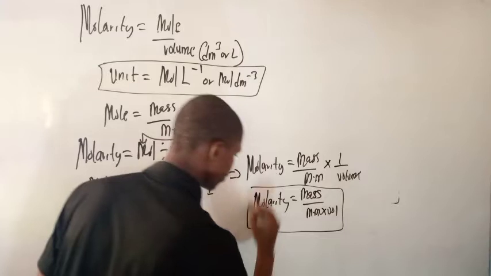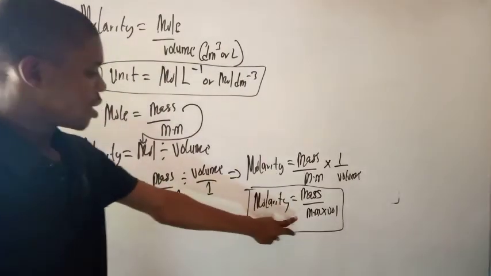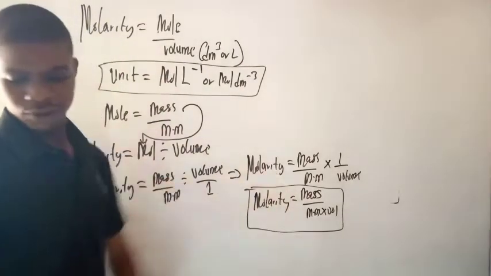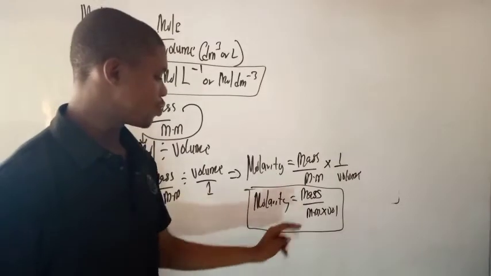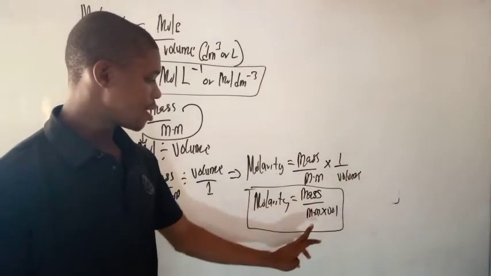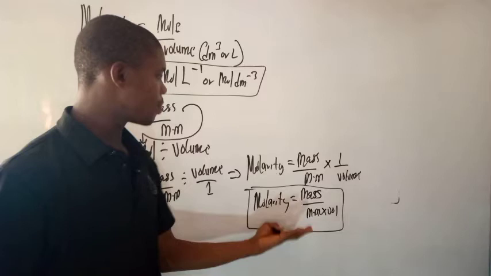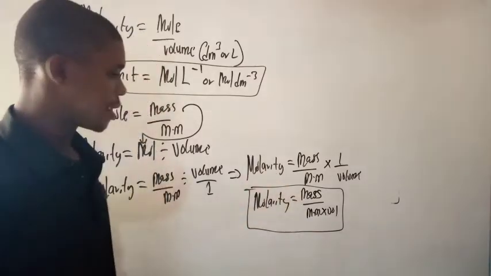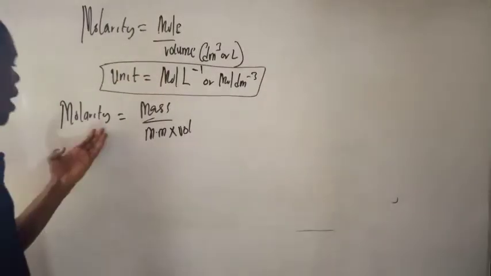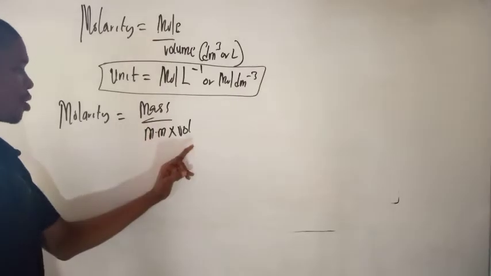This is another formula you can use in calculating molarity. If the question given to you contains mass and volume, you can easily use this formula to do the calculation. Do you get that? So here we have molarity equals mass, molar mass and volume.